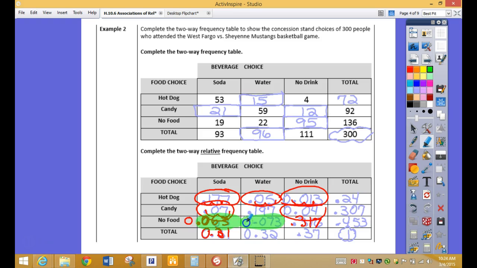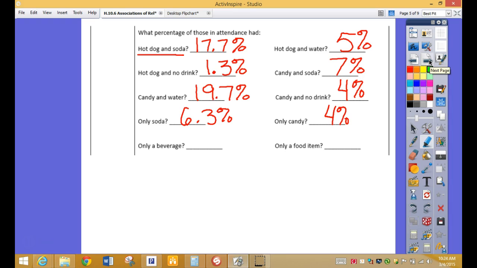And they only had a water. Well, can I add this one in there too? No, because they didn't have a beverage. They had no drink or no food. So I have to add these two together. 0.063 and 0.073. What percentage does that turn into? That's 6.3% and 7.3%. That should turn into 13.6%.